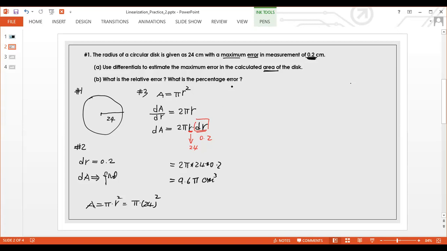Now part B asks what the relative error is.